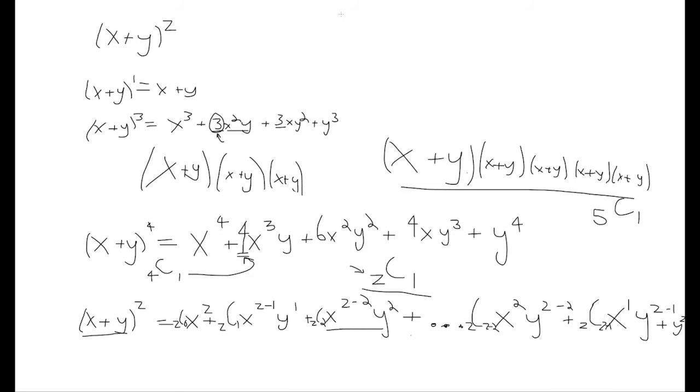Let's say we had x plus y to some power z. Or actually, let's say we had x plus y to the 100th power. And that's pretty daunting. You're not going to want to write all of that out.